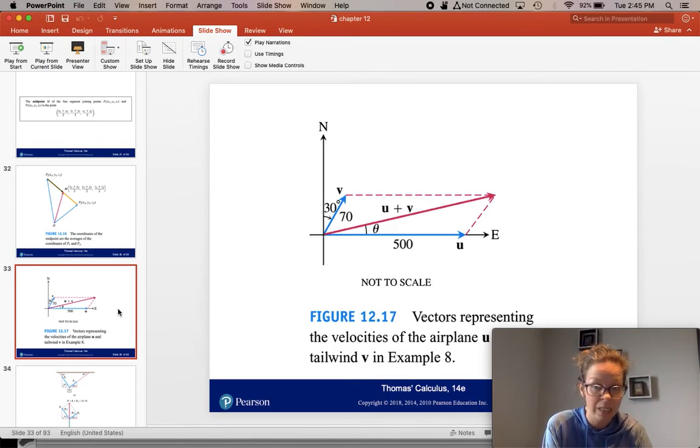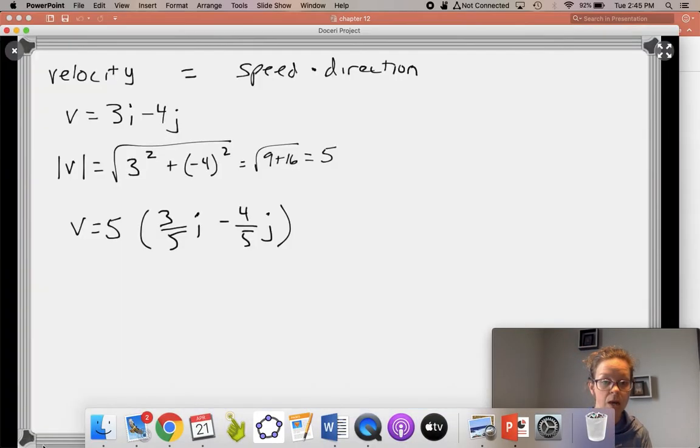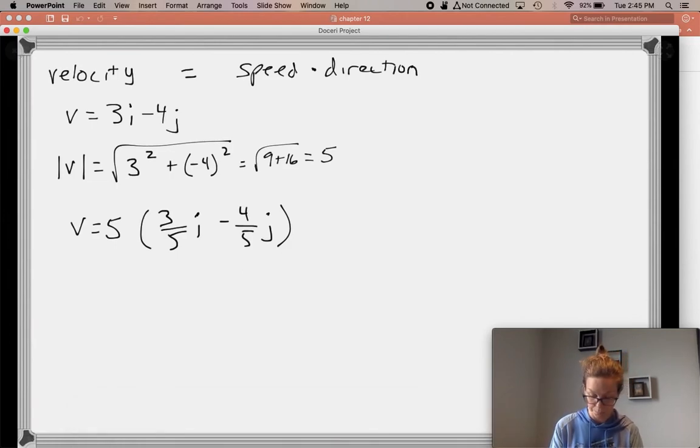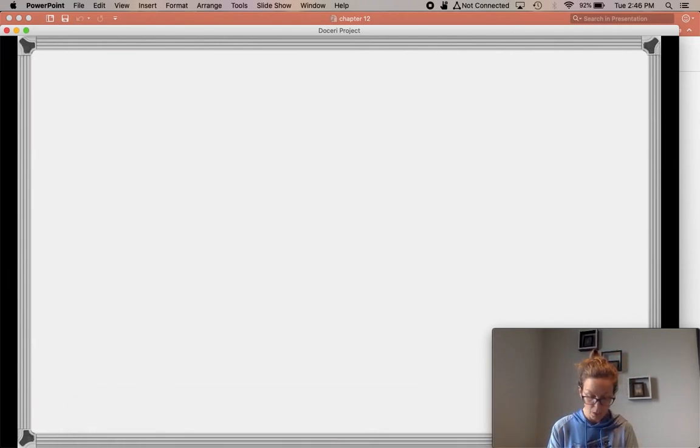The wind is going to have a speed of 70 miles an hour, and it's coming in at 60 degrees north of east. And what we want to figure out is what happens to the plane. So when this happens, what happens to the velocity of the plane, the direction of the plane, the speed of the plane?